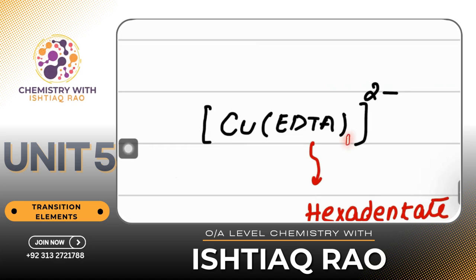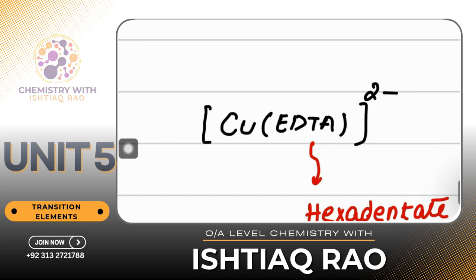And what if I have this one? No number is there, so of course we can consider that it's 1. We have EDTA. EDTA can donate six lone pairs of electrons at a time, so it can make six dative bonds at a time. So the coordination number is going to be 6.